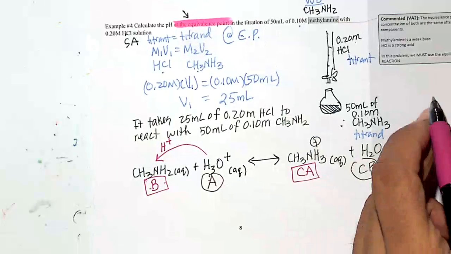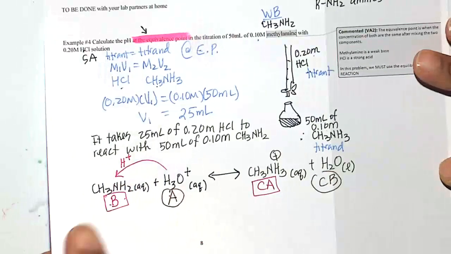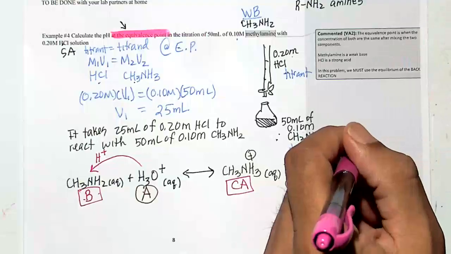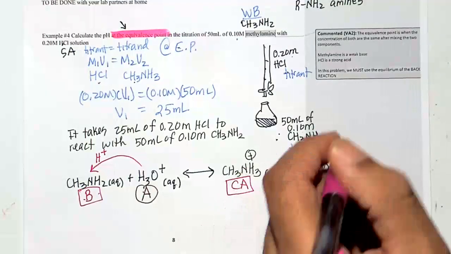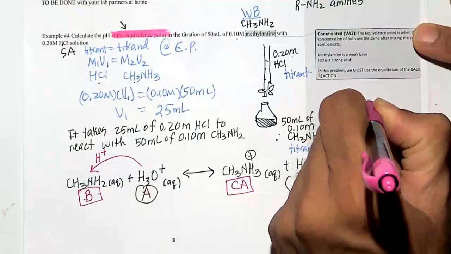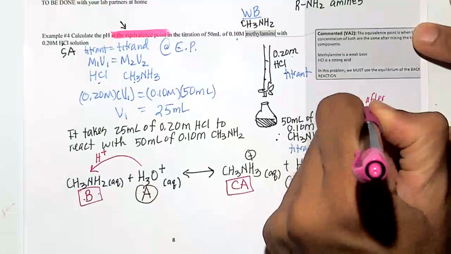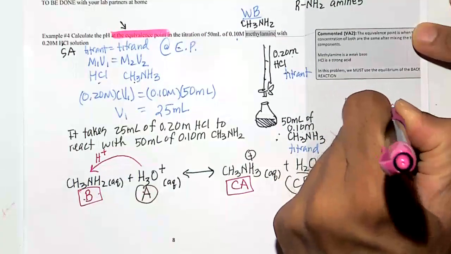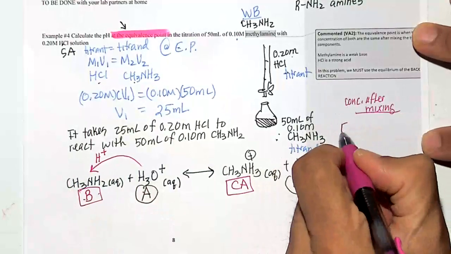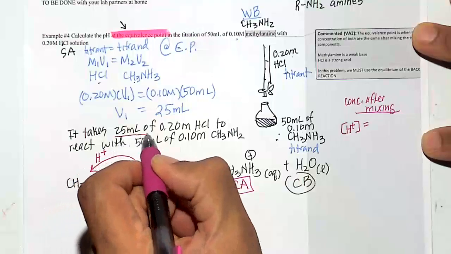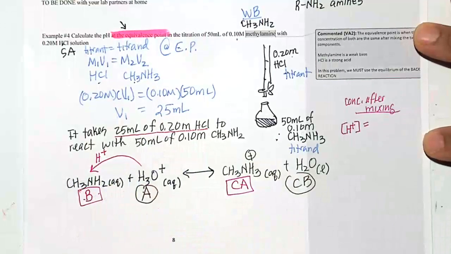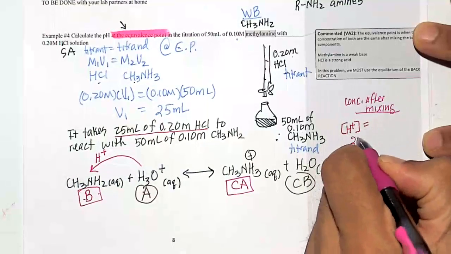All right, let's figure out the concentrations after mixing. Let's first do the H3O plus, or H plus. We have 25 mL of 0.2 molar HCl.